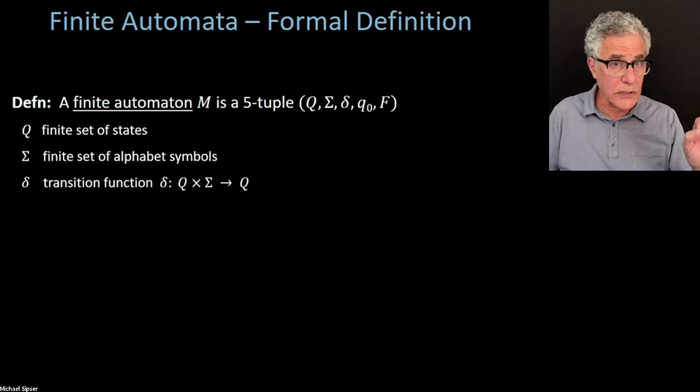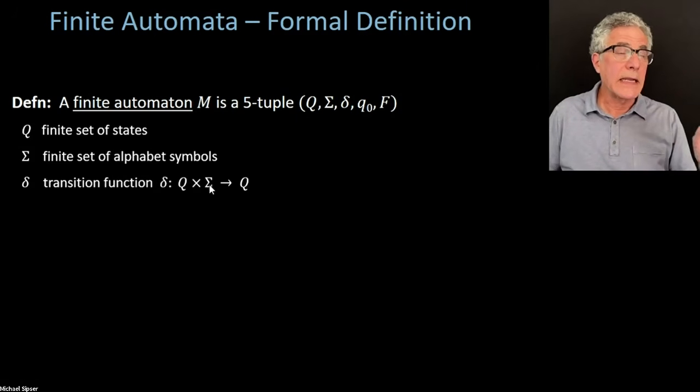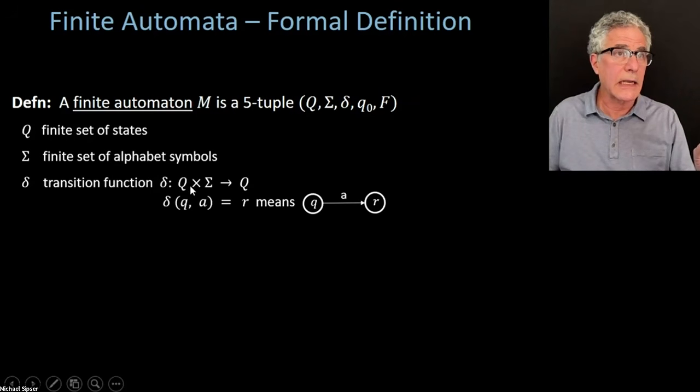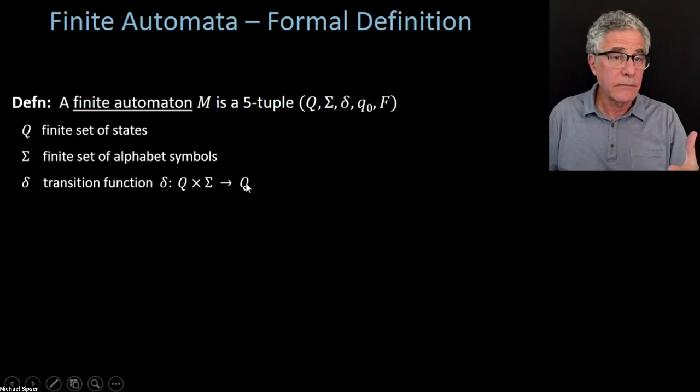I'll help you through it once, but this is the kind of thing I would expect you to have seen already. So when we have Q cross sigma, I'm going to give delta a state and an alphabet symbol. Q is states, sigma is alphabet symbols. So you're going to get a state and an alphabet symbol, and it's going to give you back a state.